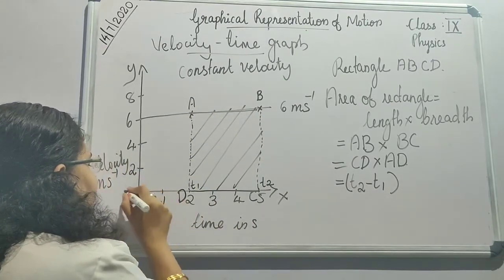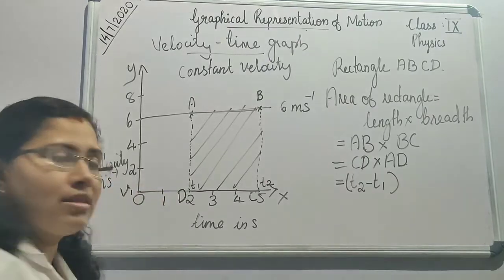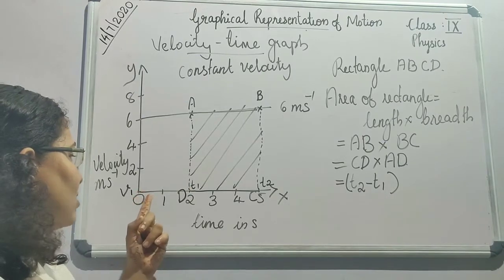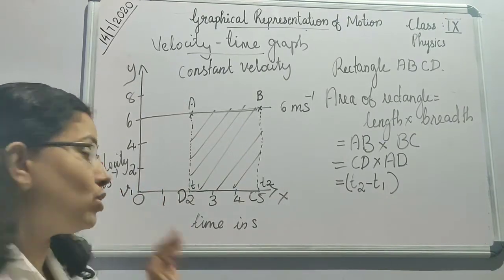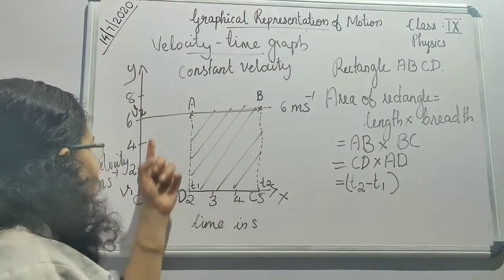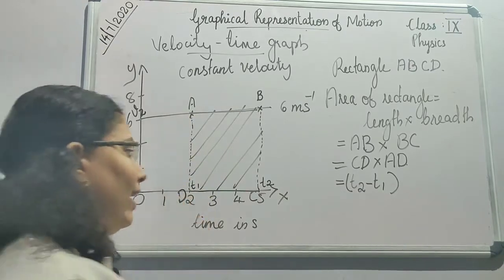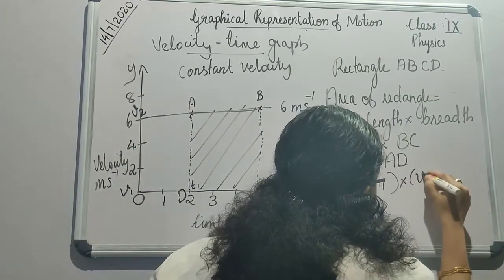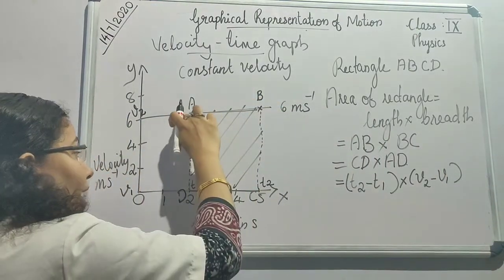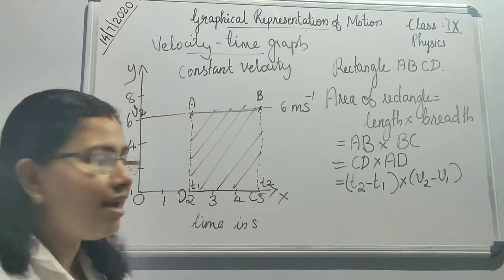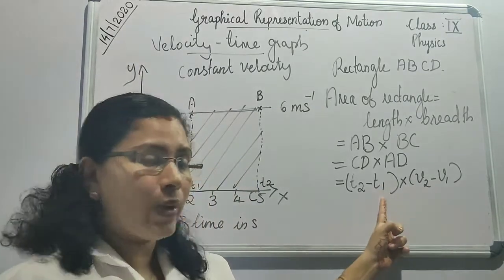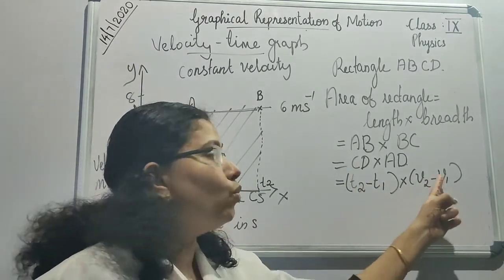Let the initial velocity be V1 and the final velocity be V2. Then AD will be V2 minus V1, final velocity minus initial velocity. So we got the equation as T2 minus T1 into V2 minus V1.